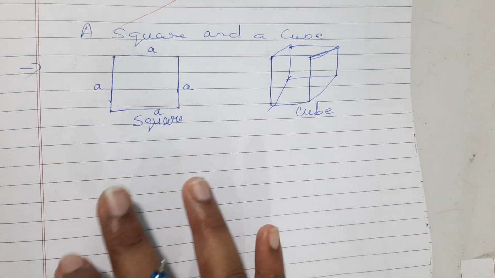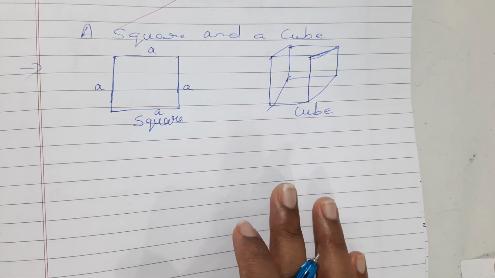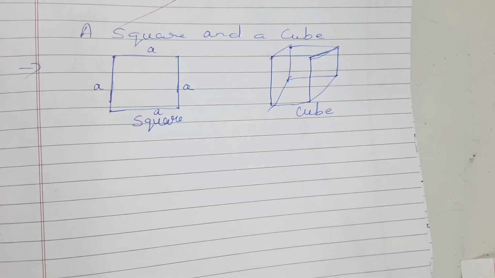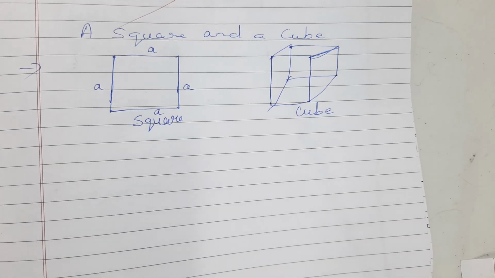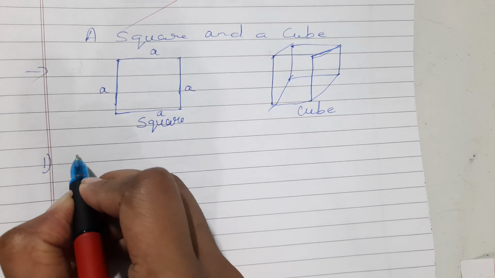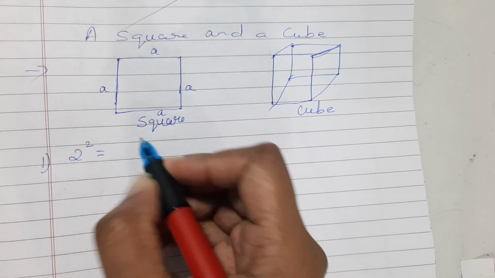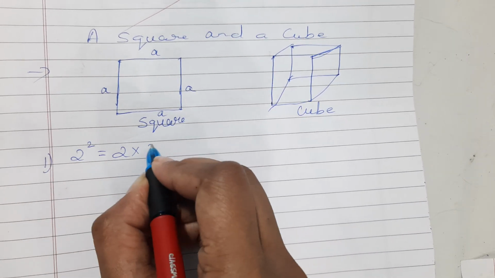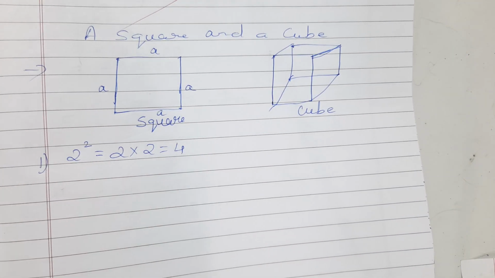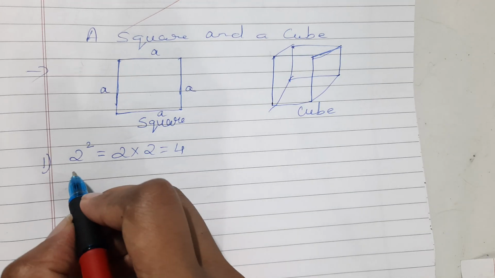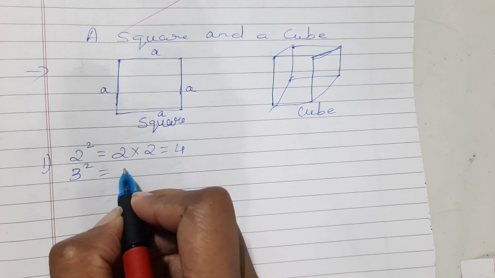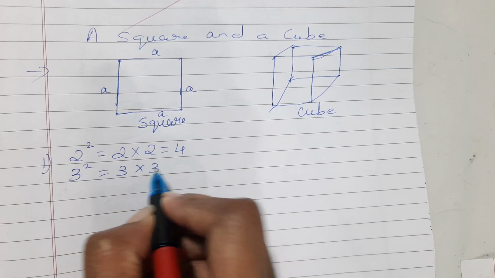Before I start with this chapter, I want to do a small revision. For square, for example, if I give you 2 square, what you will do is 2 multiplied by 2, your answer will be 4. If I give you 3 square, it will be 3 multiplied by 3, 9.